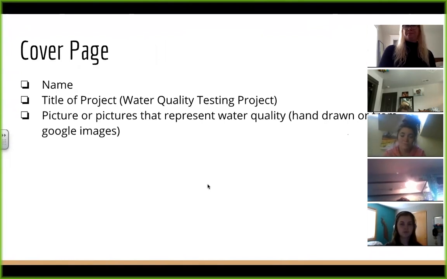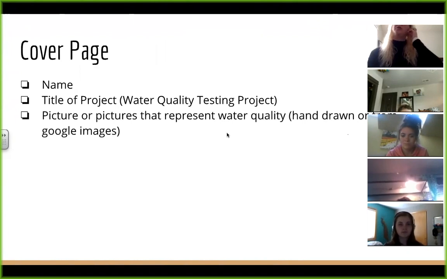So the first thing that you're going to have in your book is a cover page, right? So if you're doing a PowerPoint, this will be the first slide. If you're doing a book, this is going to be your first page, the cover. Make sure on your cover you have your name, pretty easy. The title of the project, water quality testing project.